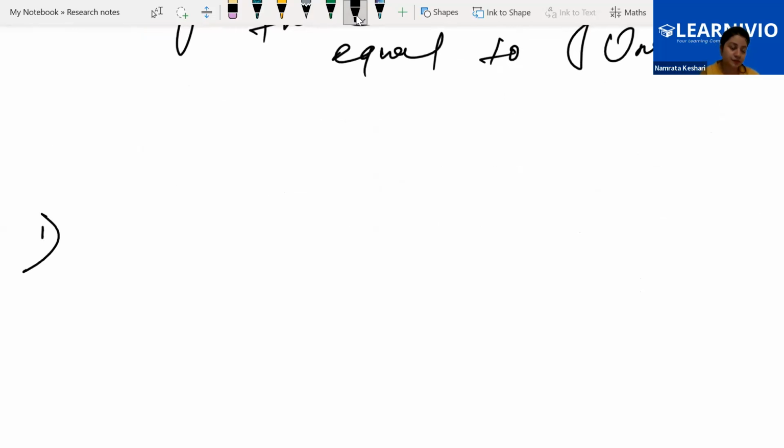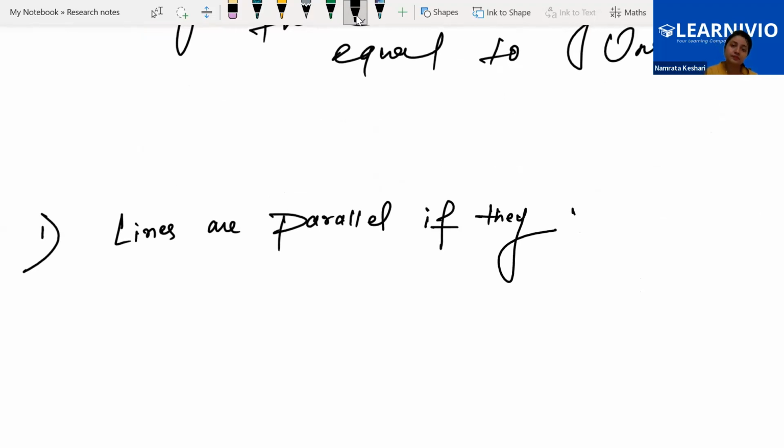Number 1. Lines are parallel if they do not intersect.